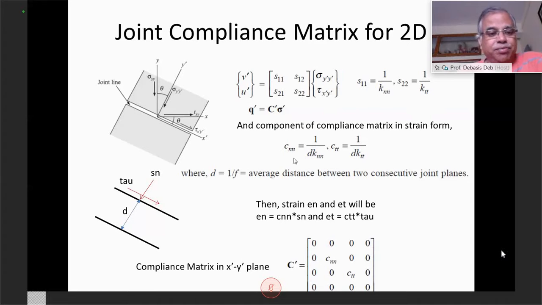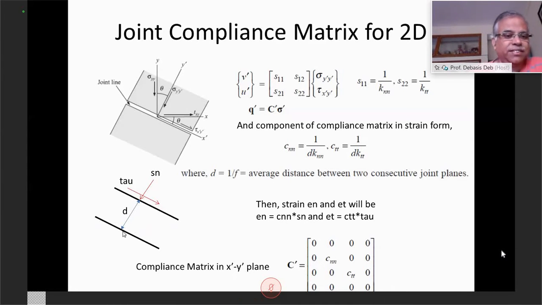Now you consider this is the two joint planes, let's say. Okay, you are able to see this, right? So these are the two joints, and let's say the average spacing is D. D is the average spacing.